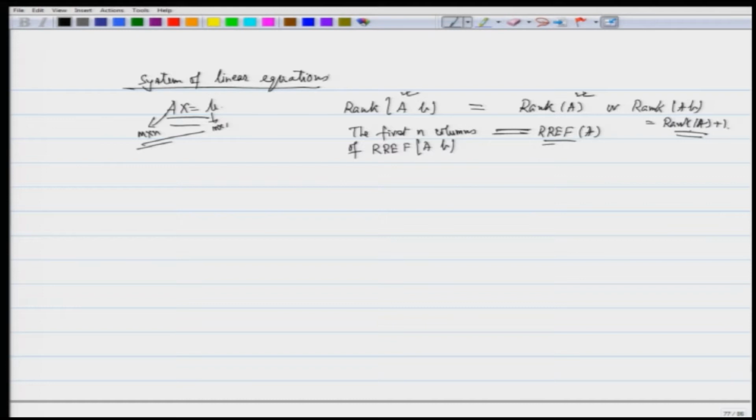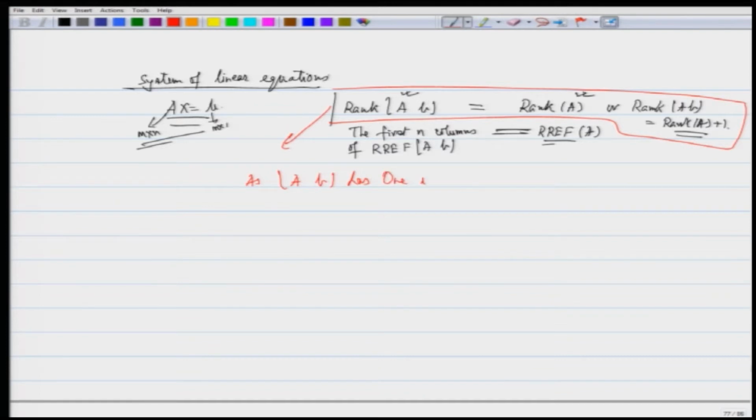There is no other choice other than this, because we have added one column. So, AB has one extra column as compared to A, fine.